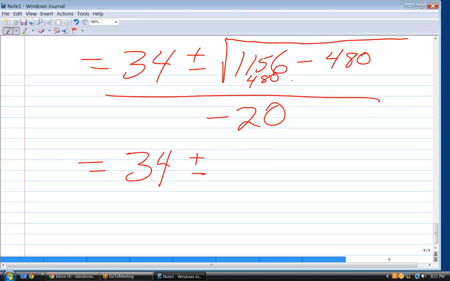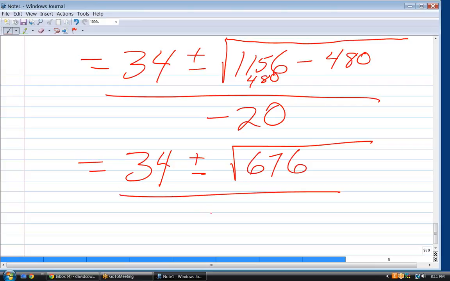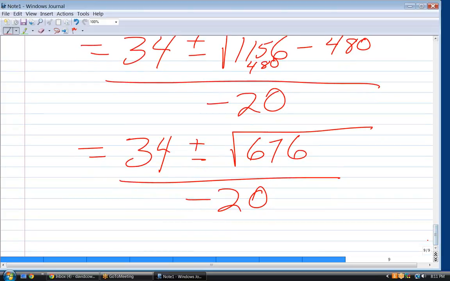What's that? That is the square root of 676 there. I can't believe they gave you one this hard.